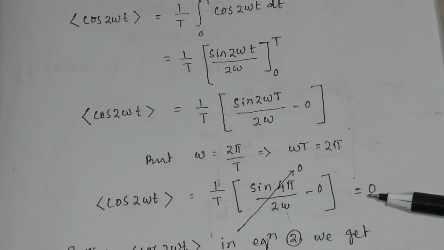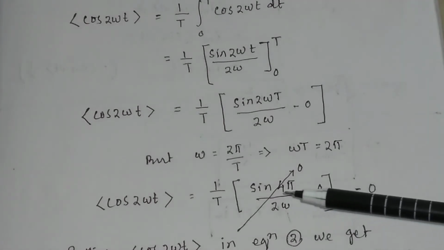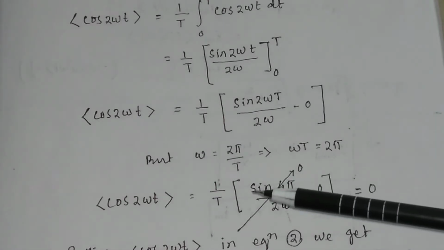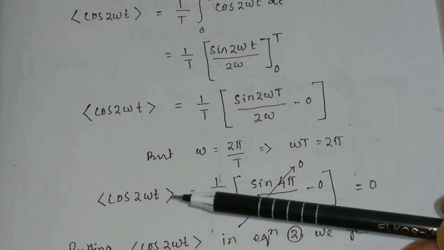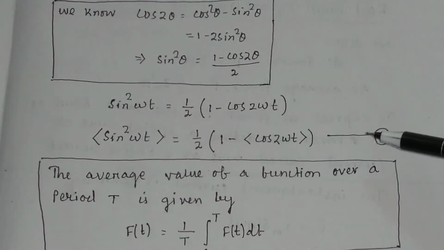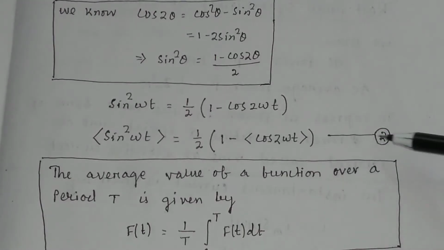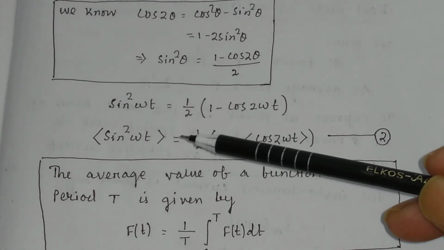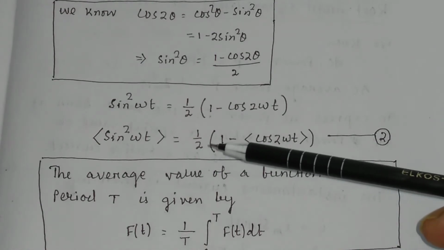That will be equal to 0, because sin 4 pi is equal to 0. So the average of cos 2 omega t will be equal to 0. So if you substitute the value of cos 2 omega t equal to 0 in equation 2, then we will get the average value of sin square omega t equal to half.